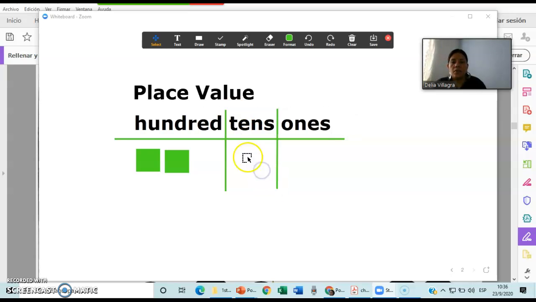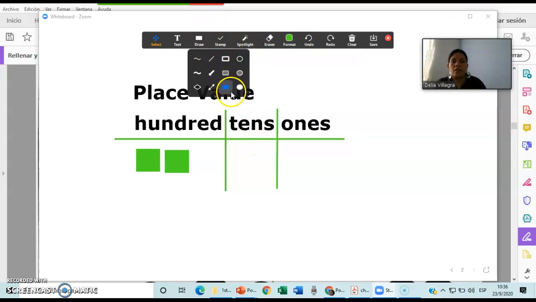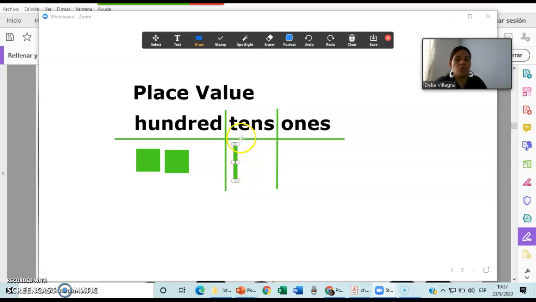Then you have tens. Remember we explained how you draw the tens? You have the tens in blue. So that will make you remember. It doesn't have to be blue, but we're using blue so you will have that in your mind when you review it. So I'm going to make it in blue.